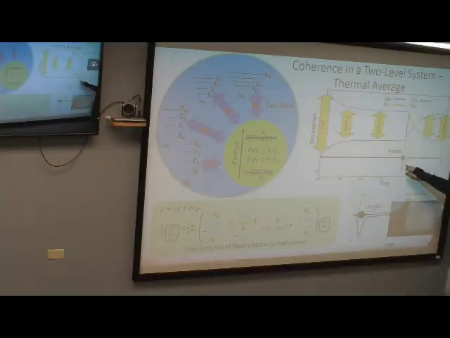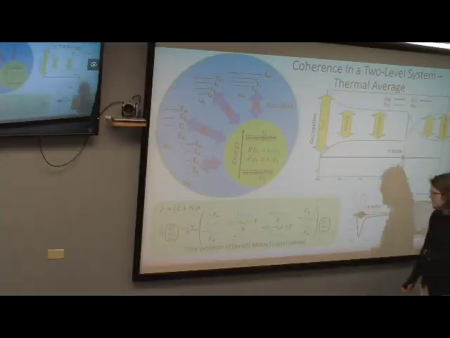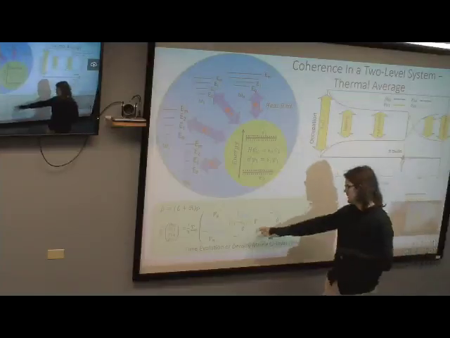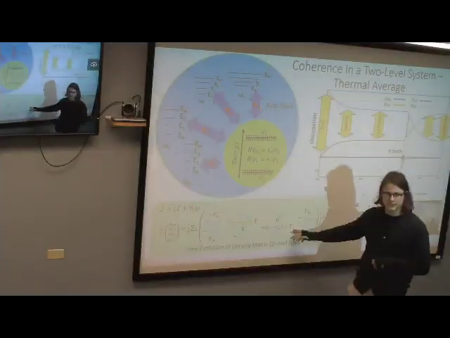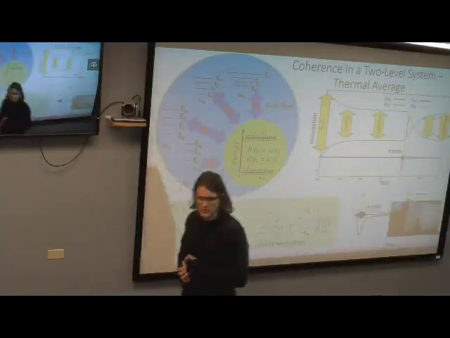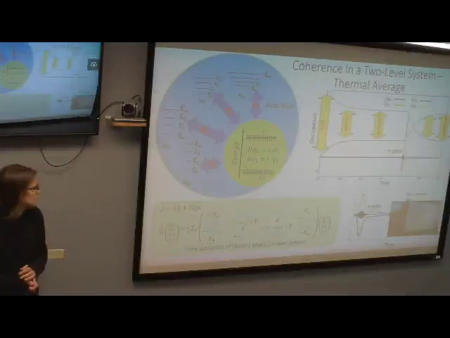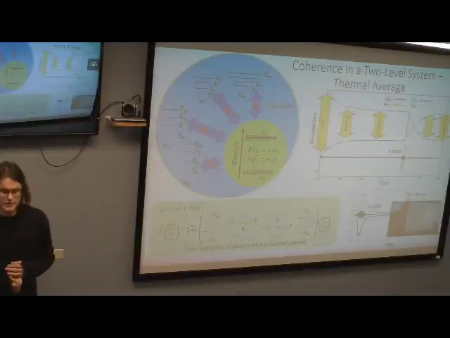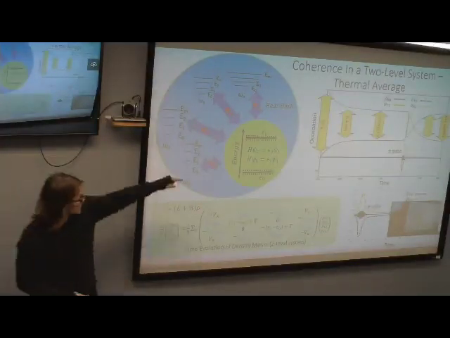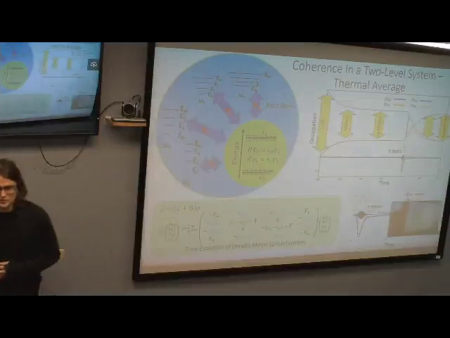And then the off-diagonal elements, you'll notice that they spike in the same time frame, but then they dampen very quickly due to interaction. So they lose their phase due to interaction with the heat bath. And those are represented by these, well, I just call them gamma terms. So it's like a rate, a dampening rate. And that's one way to define decoherence rate. It's the rate at which those off-diagonal elements go to 0.